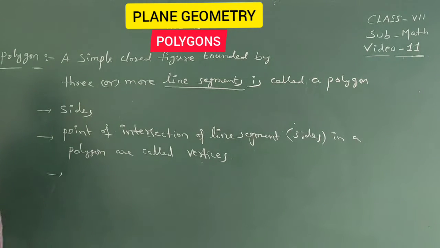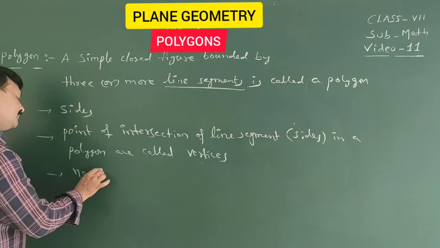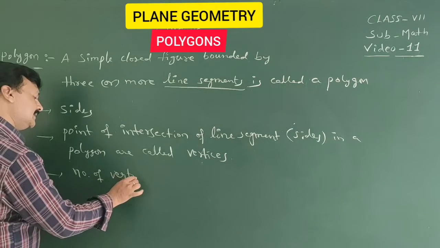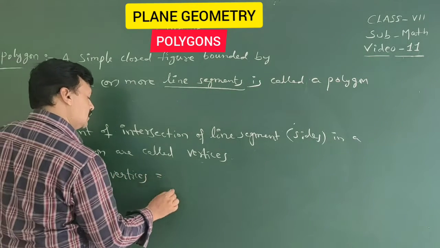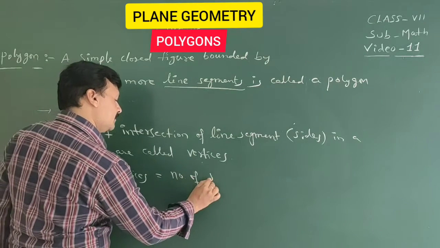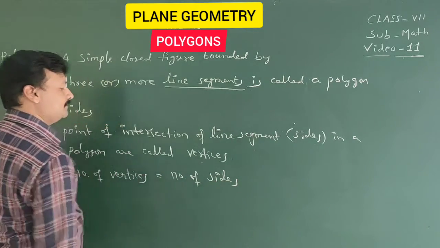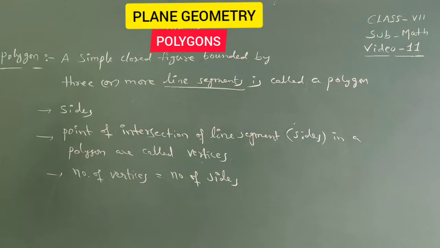In a polygon, the number of vertices is equal to the number of sides.